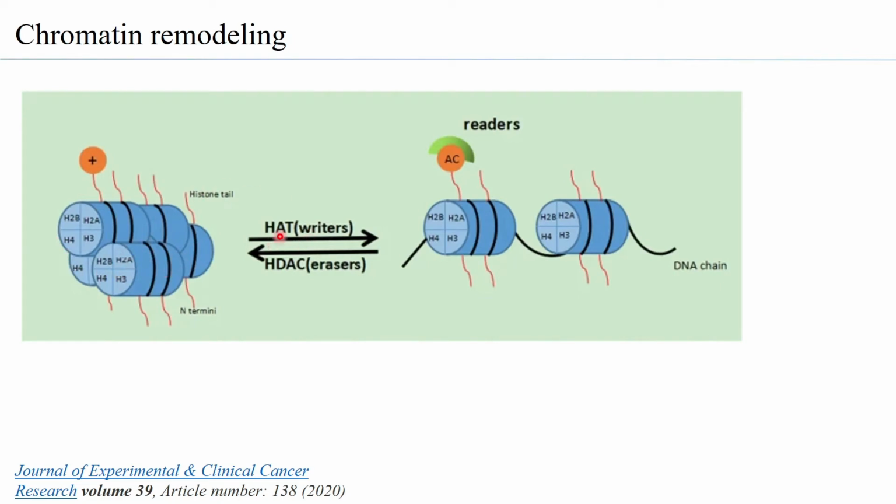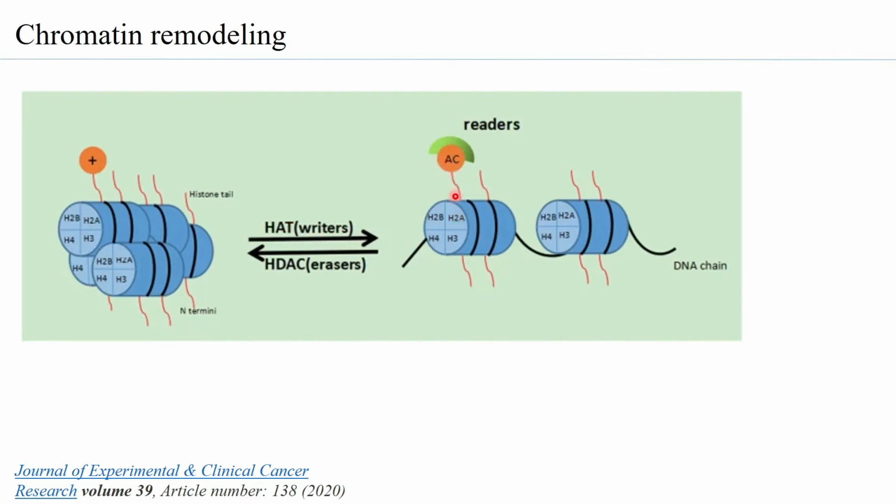Now suppose you have a histone acetylase coming and attaching an acetyl group to the lysine residues in the histone tail. Then the histone acetylase is considered to be a writer. Why is it considered a writer? Because it is making, or writing, a histone code.